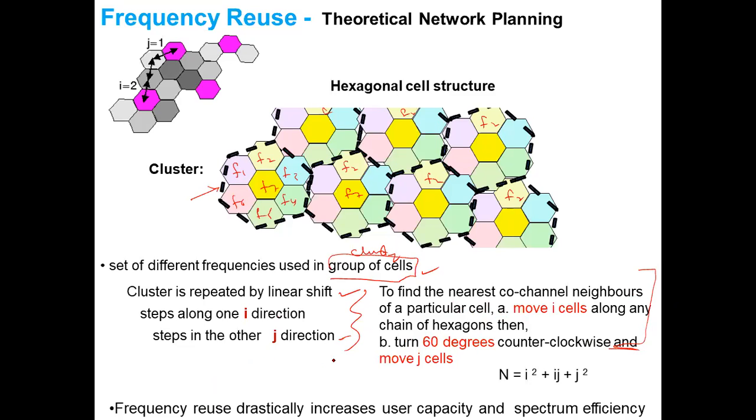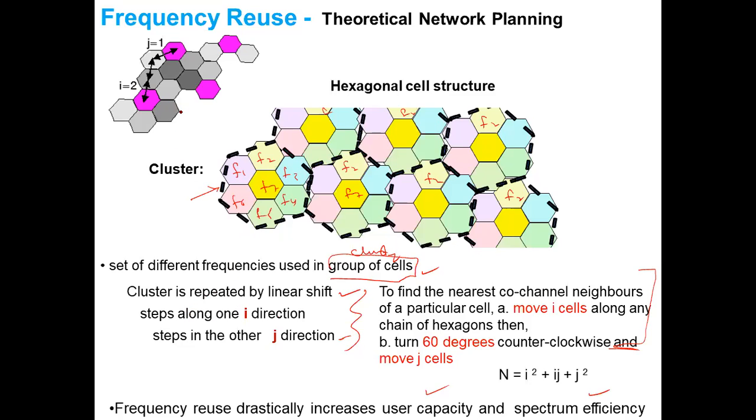What you can see here is that the frequency reuse drastically increases user capacity and spectrum efficiency. You can see some formulas here on how they improve the capacity and the spectrum efficiency. And this is how to reuse the particular frequency in a cluster: make a move of steps in one direction.